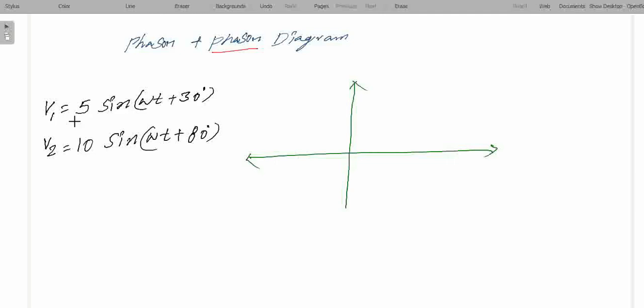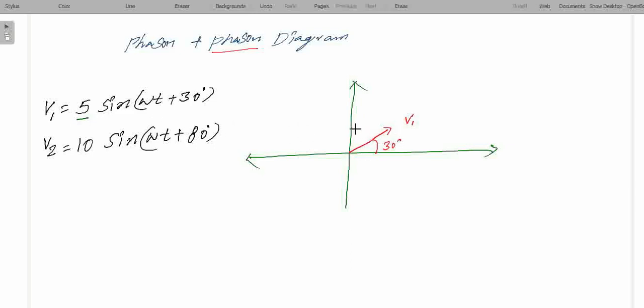The Vm here is the length of the vector, so the length is 5 and the angle is positive. The positive angle is in this direction, negative is in this direction. So its value is 5 with an angle of 30 degrees. This is V1, the phasor diagram for your V1.